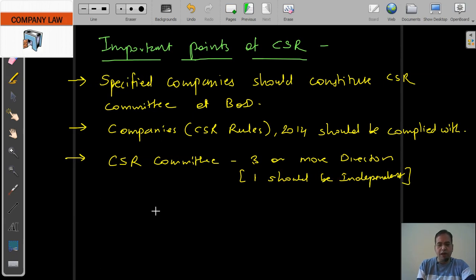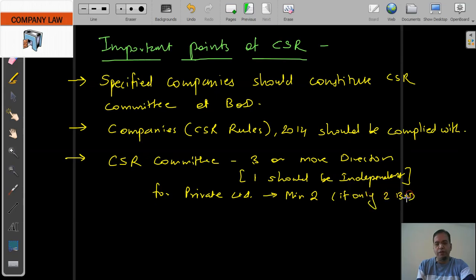But a private limited company is not required to have one. So for a private limited company, minimum 2 directors, if there are only 2 directors on the board.